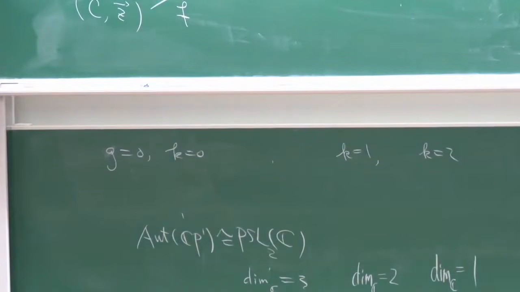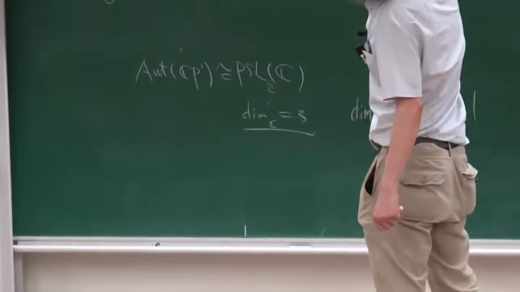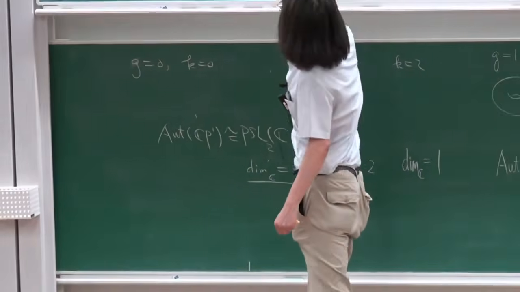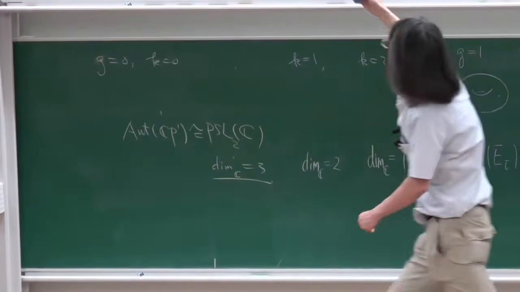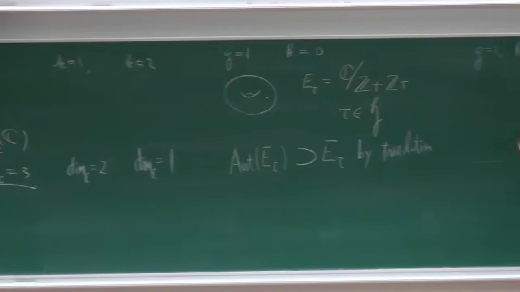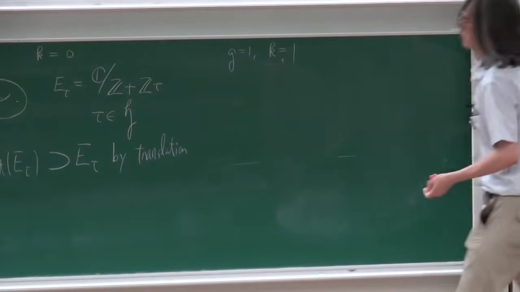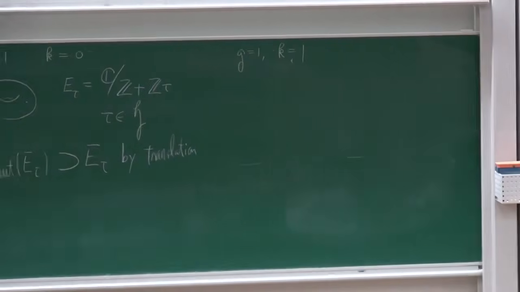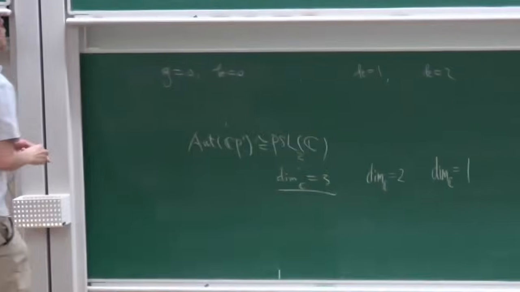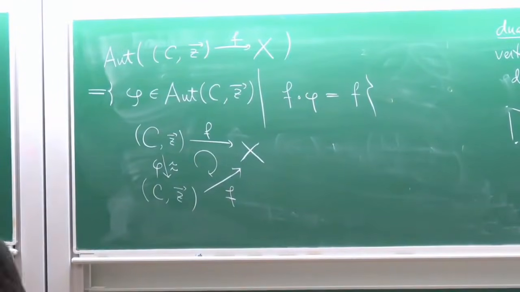So these cases are somehow, this condition is something, right? So now I consider the case of automorphism of a stable or pre-stable map, a map from the pre-stable curve.